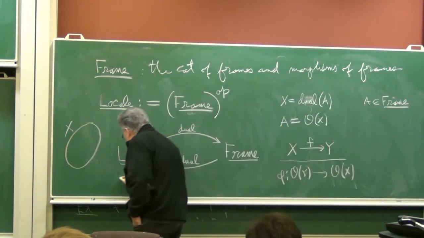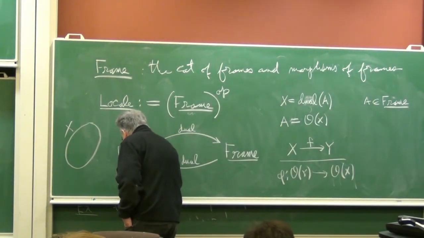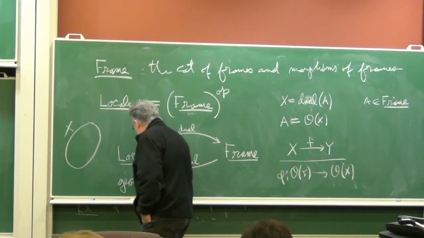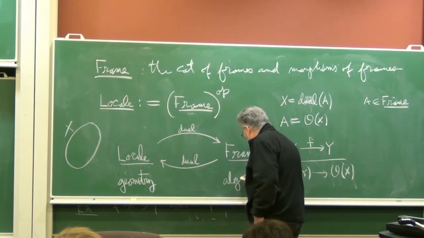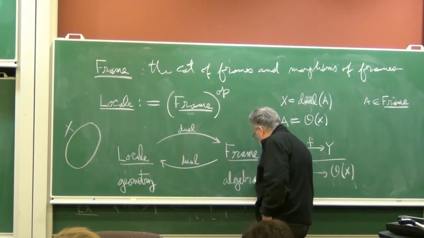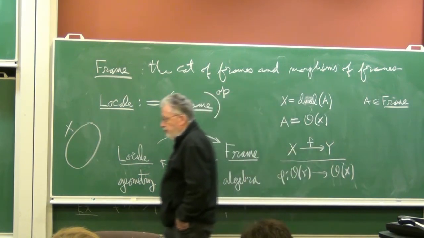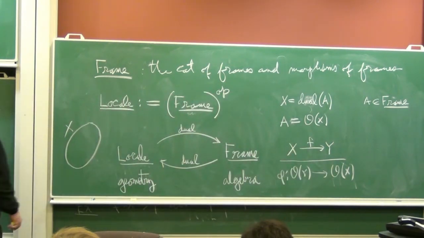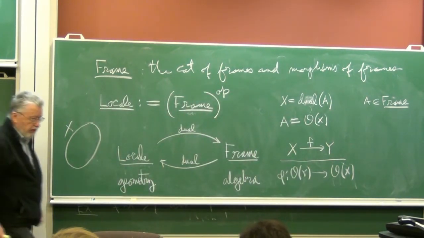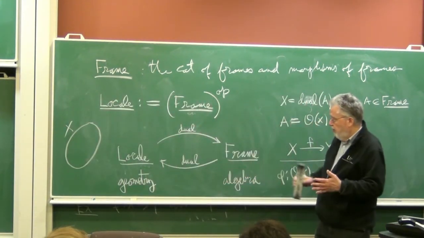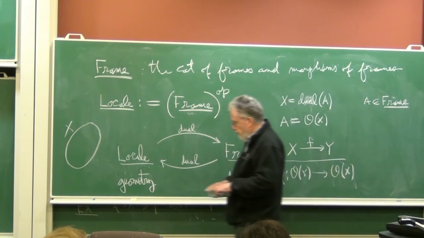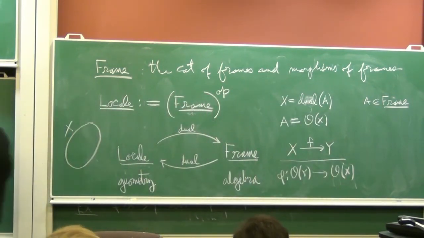So this is geometry here. This is an instance of a duality between geometry and algebra. There are many instances of this duality between geometry and algebra, and this is a sort of contravariant duality. We'll see other examples.